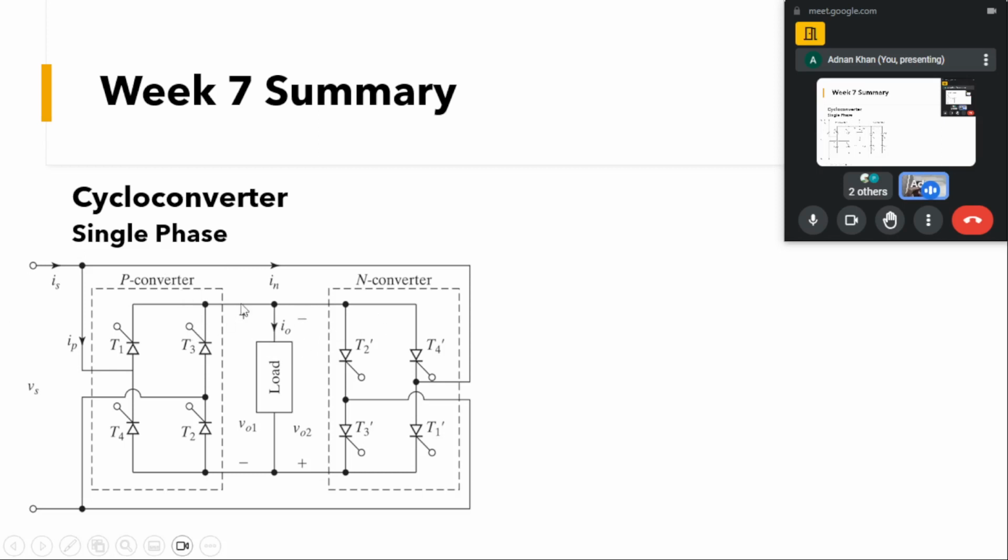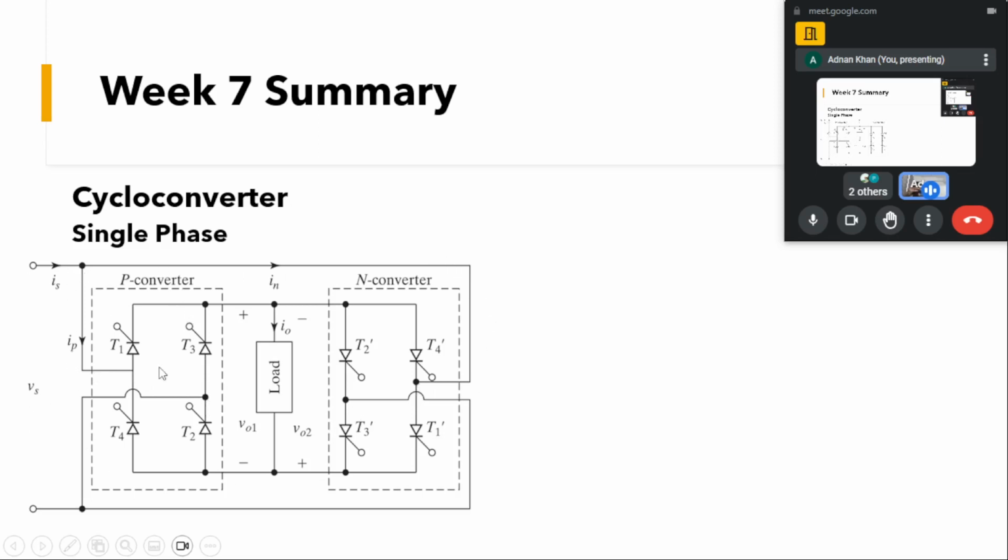This single phase cycloconverter comprises two H bridges, P and N, which are connected in such a fashion, and we have the same source Vs that is connected between these points. You can see this point, and this point, and this point.